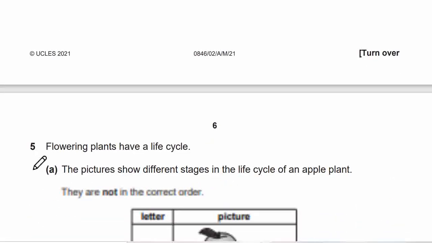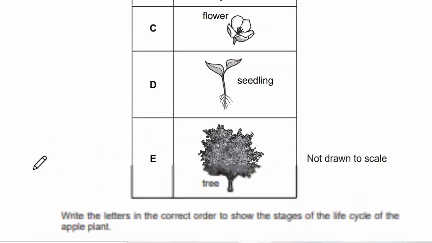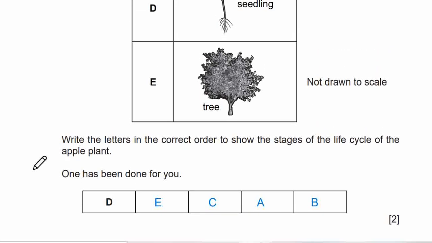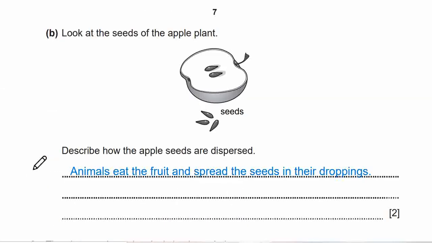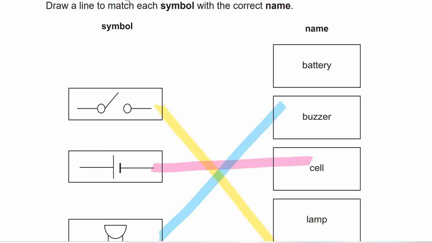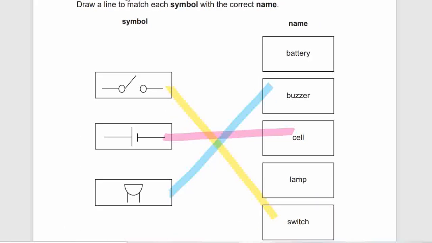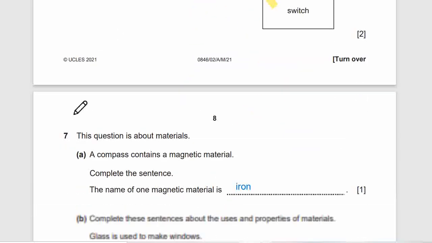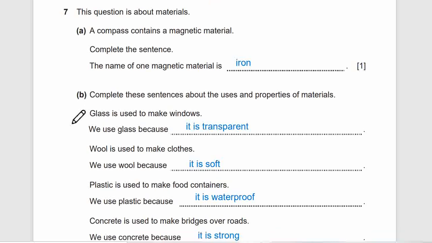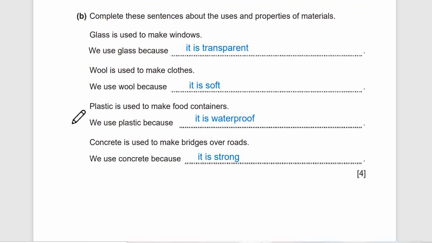Next we move to the mark scheme for number 5. And then we move to 5B. And 6. Number 6 is this. And let's move to number 7, A and B. This is 7A and this is 7B.